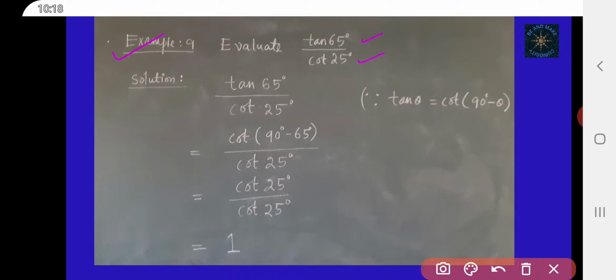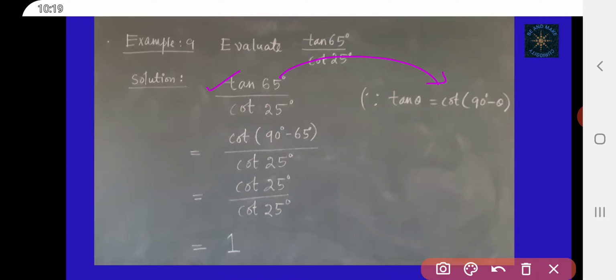Here tan and cot are related, so you can write tan in terms of cot, or you may write cot in terms of tan. So you convert into the same trigonometric ratio. Okay, here you write in terms of cot.